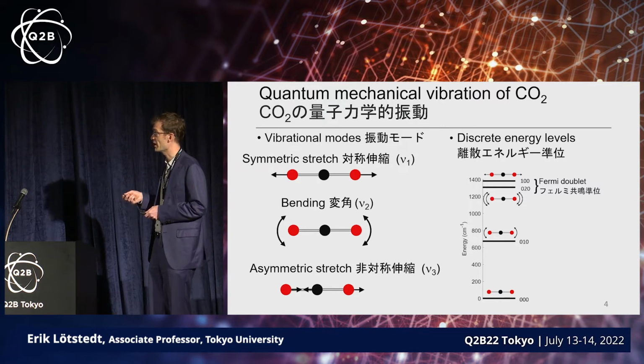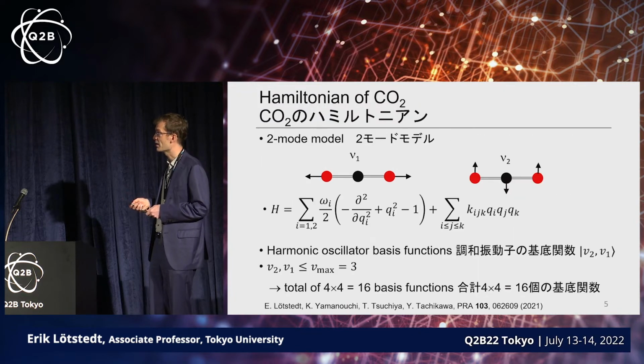To do that, we simplify a little bit. We stay with CO2, but we adopt a two-mode model of CO2. We only include these two modes, stretching and bending. If you recall, these are the two modes involved in this Fermi resonance. And the model is a standard one.